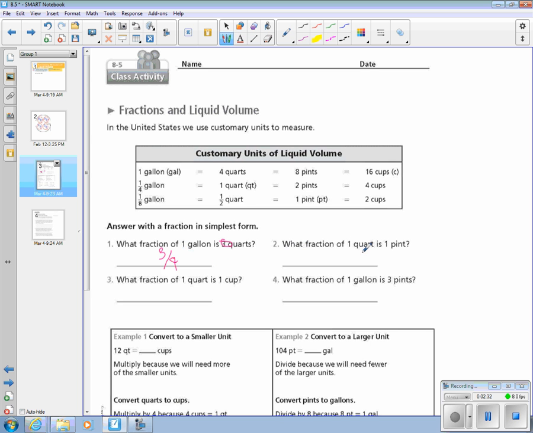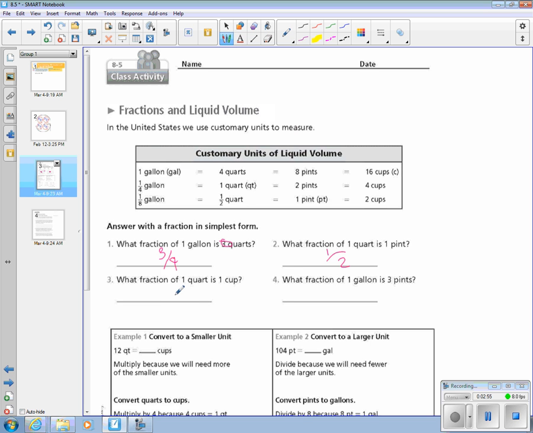So then we go to number 2, and it says, what fraction of 1 quart is 1 pint? So we know that there are 2 pints in a quart, so that will be our denominator, and it's asking for 1, so 1/2. Number 3, what fraction of 1 quart is 1 cup?